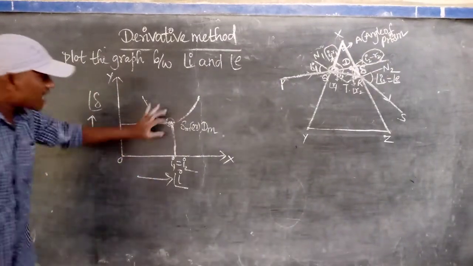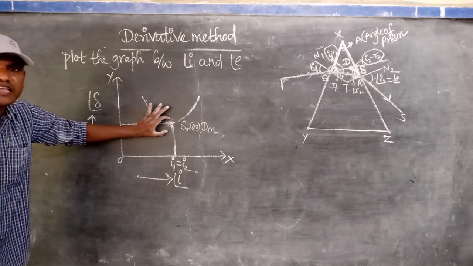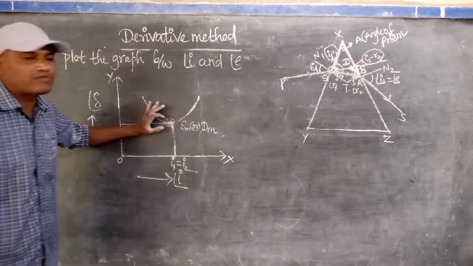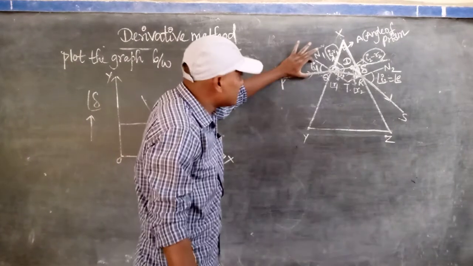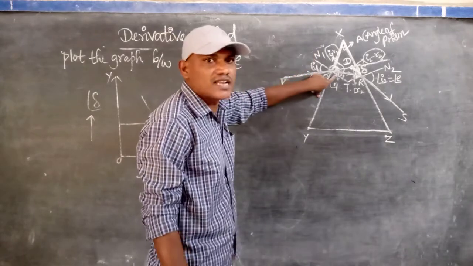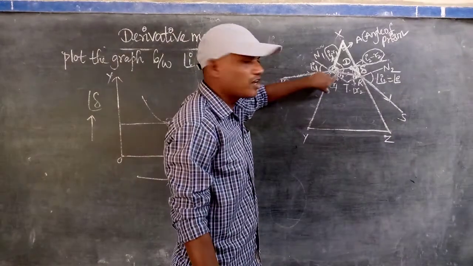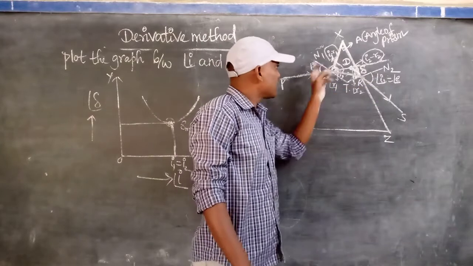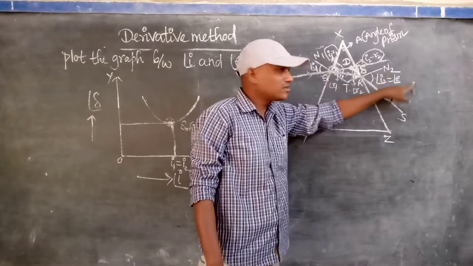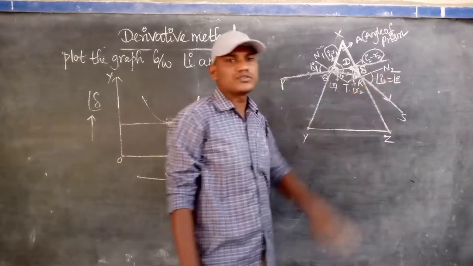But I say that at the angle of minimum deviation, what is the angle of incidence? Mostly 40 to 45, for example 45. Angle I is 45, angle R is for example 20. So angles I1 and I2 are 45, angle R1 is 20, angle R2 is also 20.